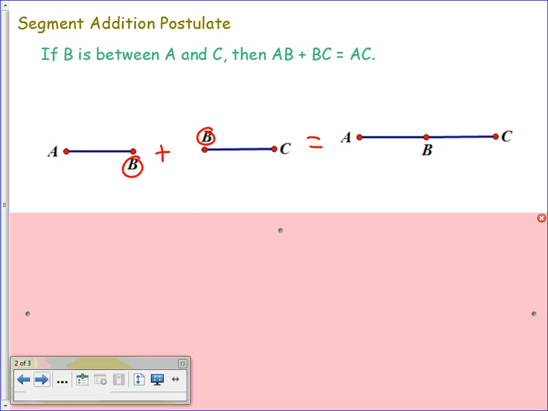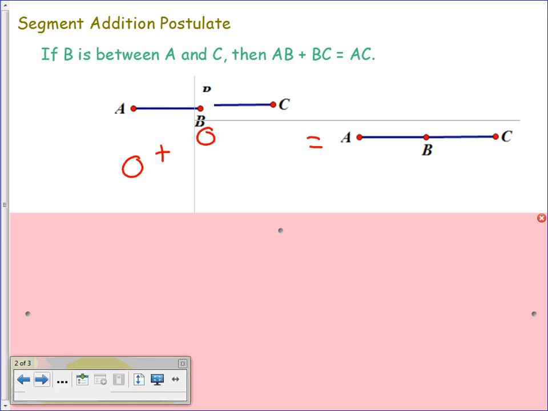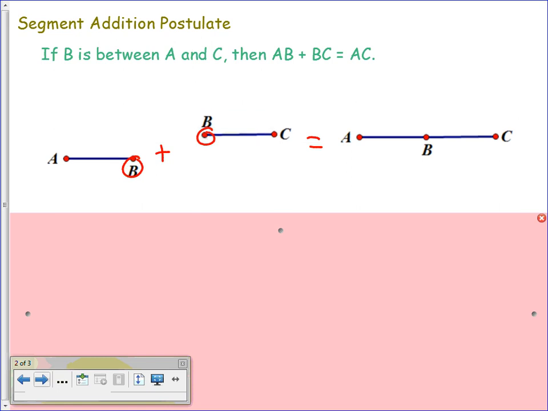So what can happen is I can move these points together to where B is the same point. If I were to put these directly on top of each other, and then of course one hides a little bit, we get the overall segment. So what we do is we say that we have these two segments added together equals the full segment.